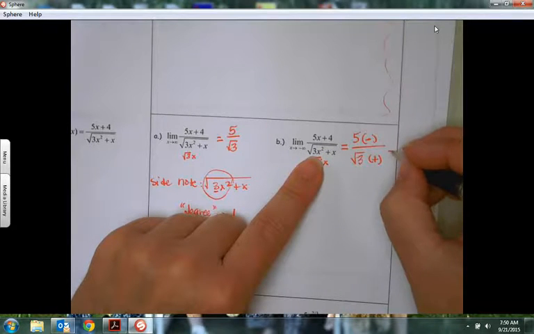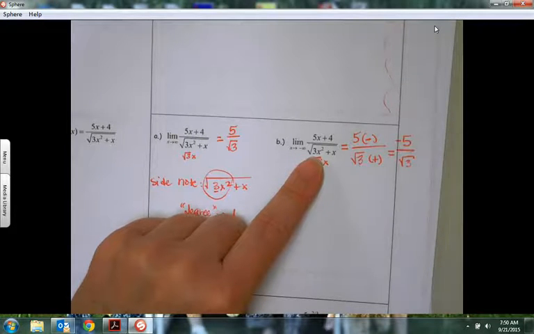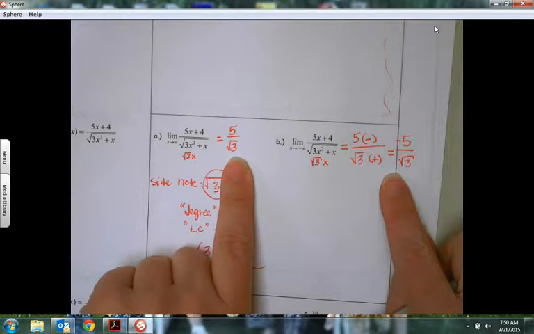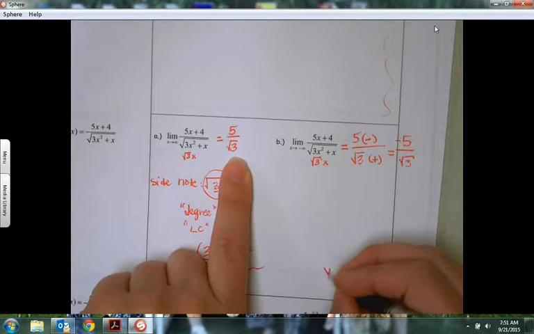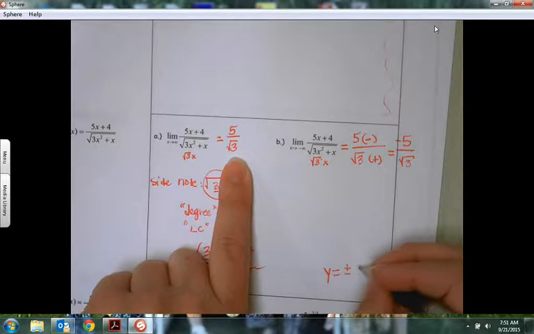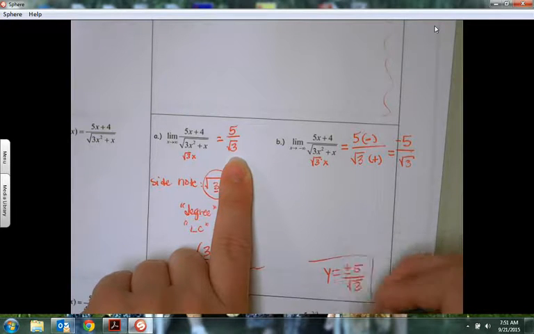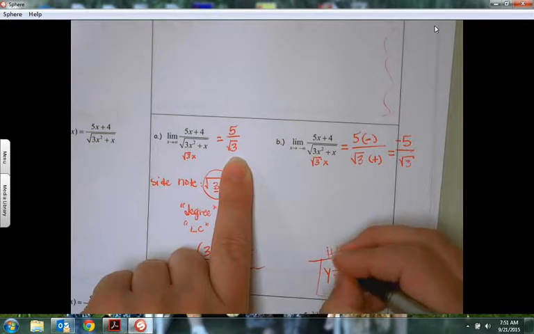So this answer would be negative 5 over radical 3. So these are different, which we said they could be. So here my horizontal asymptotes are plus or minus 5 divided by radical 3.